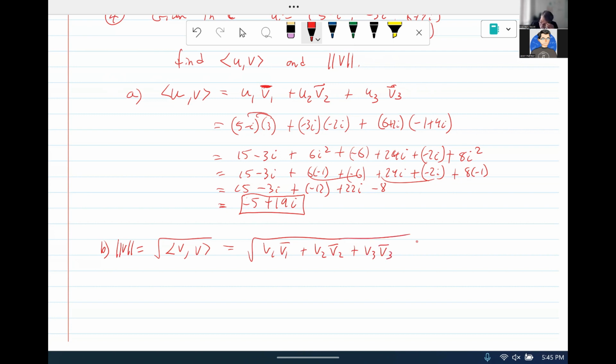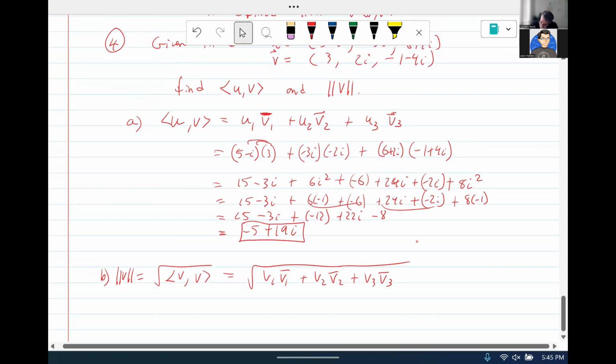So v in this case is 3, 2i, and negative 1 minus 4i. So this is going to be 3 times 3 plus 2i times negative 2i plus negative 1 minus 4i times negative 1 plus 4i. Square root that.